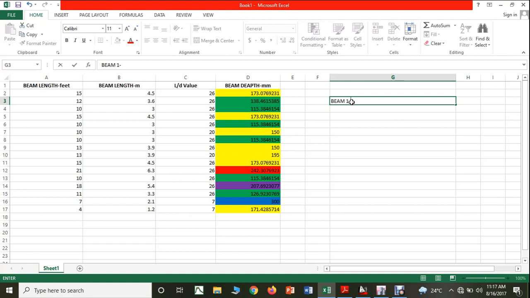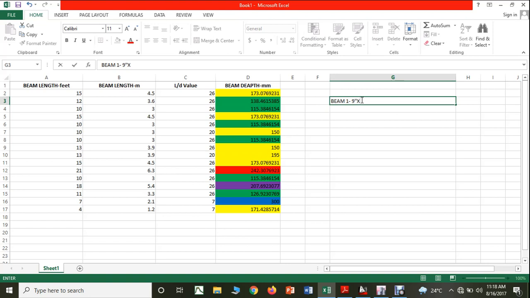Yes, I will make the first beam of depth 300 mm, that is 9 inches is the width, multiplied by 300 mm.